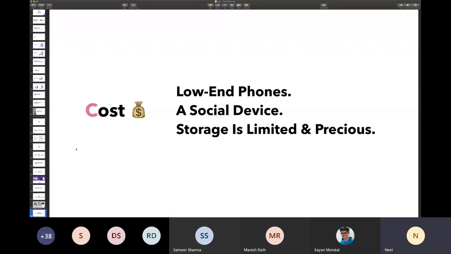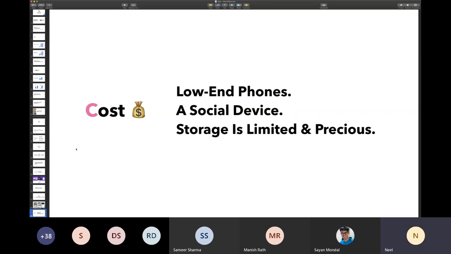And likewise, coming on to cost. Cost is the first pillar that we had mentioned. We already see there are low-end phones which are available at a very cheap price. Redmi and some others have been leading the charge on it. You can get a decent quality phone for 4,000, 5,000 rupees today. It's also a social device.